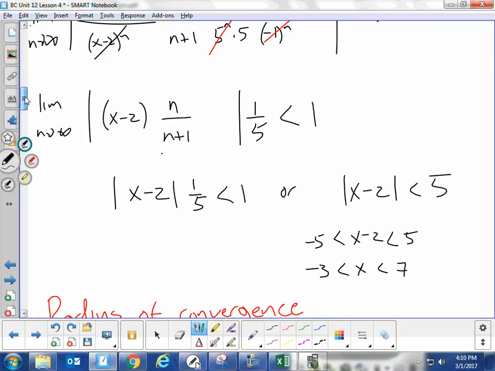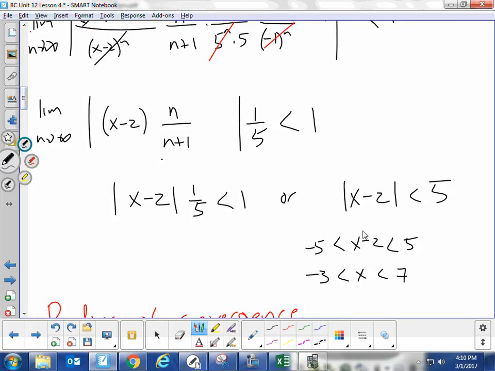Well, then, from there, we see that we can expand up to 5 from 2. So we go up to 7, and we go down to negative 3. What we find is that this value here shows me the radius of convergence. So at 2, I'm going to get some zeros. I can go all the way up to 7 and down to negative 3.